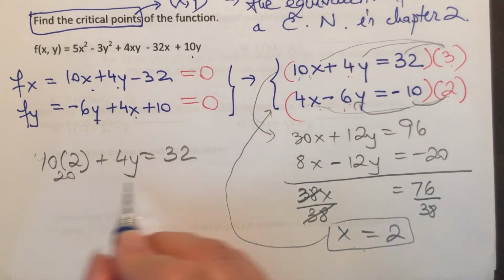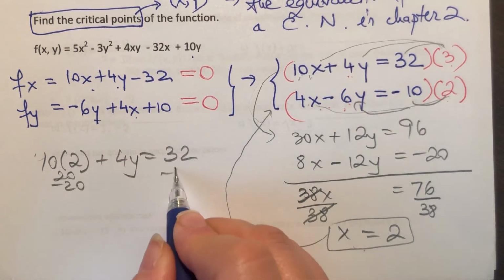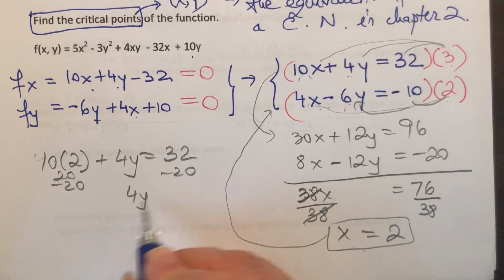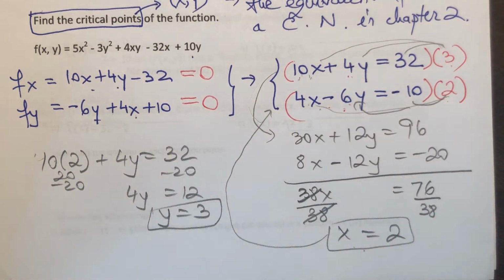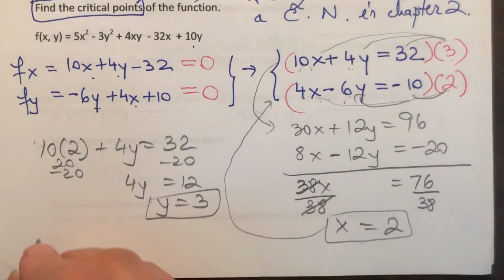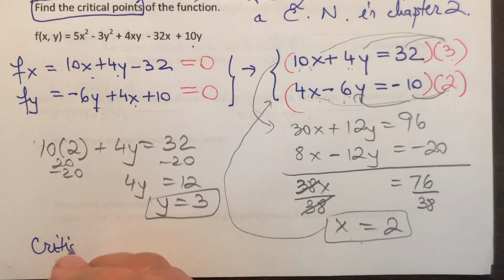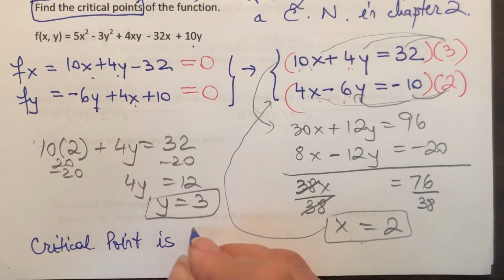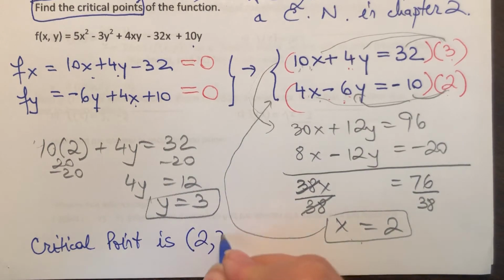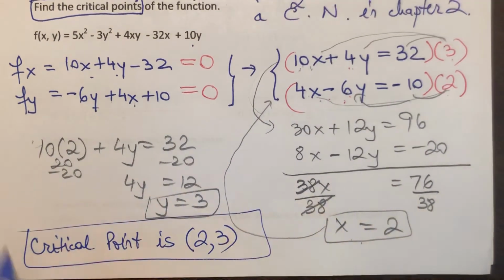So that's a 20, which I'm going to move over. So 4y is equal to 12, which means easily y is 3. Okay, so that's what we found out, that the critical point is (2, 3). There's only one.